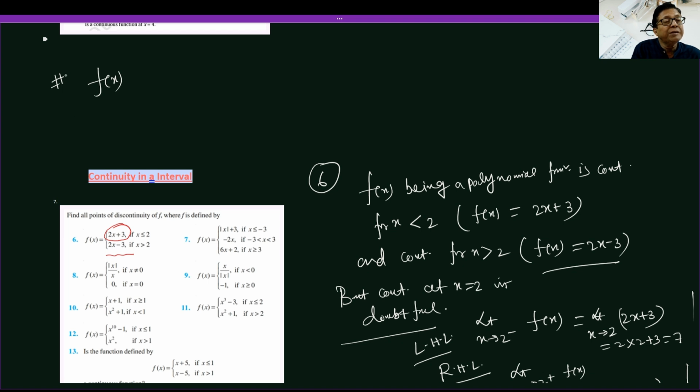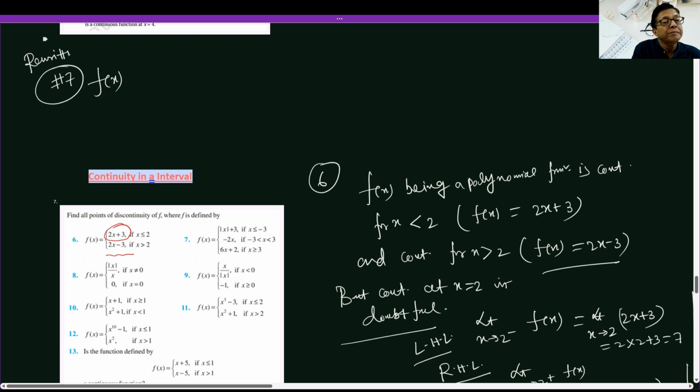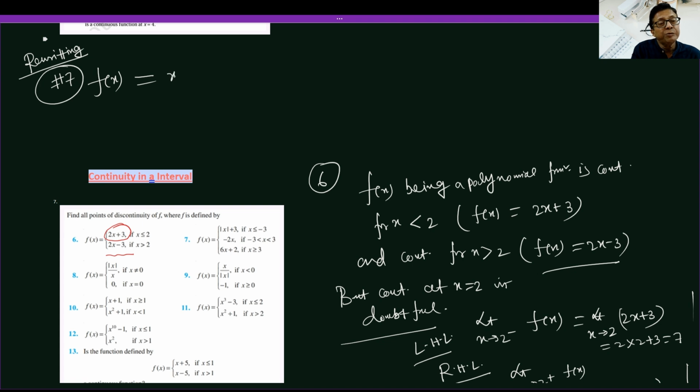So we are solving, say, number 7. We rewrite the function. Rewriting the given function, f(x) will be x plus 3. Can I take that? Because by the definition, mod x is x for x greater than 0, 0 for x equal to 0, and minus x for x less than 0. x less than minus 3 means it is less than 0, so you cannot take plus over there.